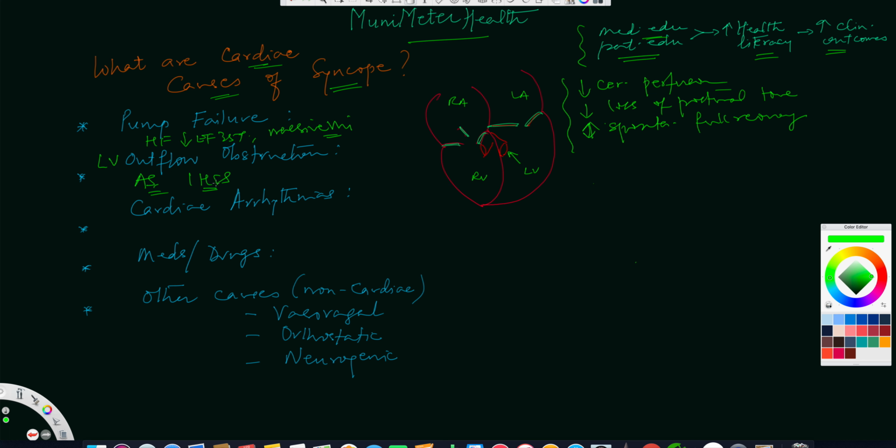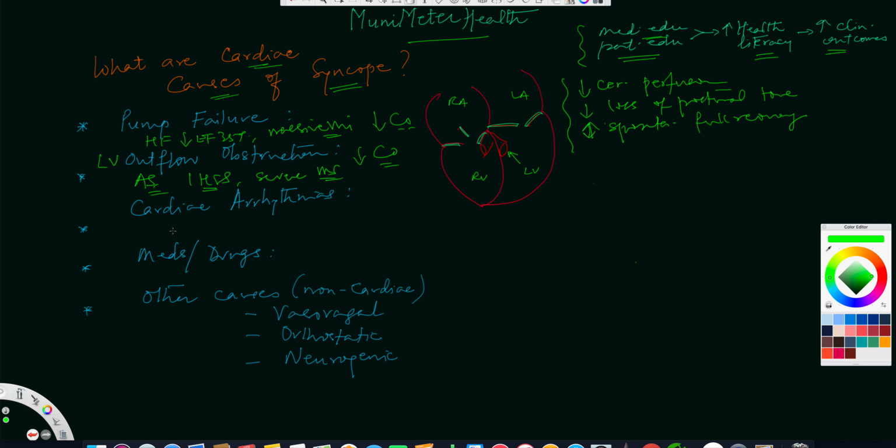So AS and IHSS, and many times a very severe, tight MS. Mitral stenosis, aortic stenosis, idiopathic hypertrophic subaortic stenosis, and severe MS. These are the commonest causes of left ventricular outflow obstruction, again implying that the cardiac output is markedly decreased in both these categories.